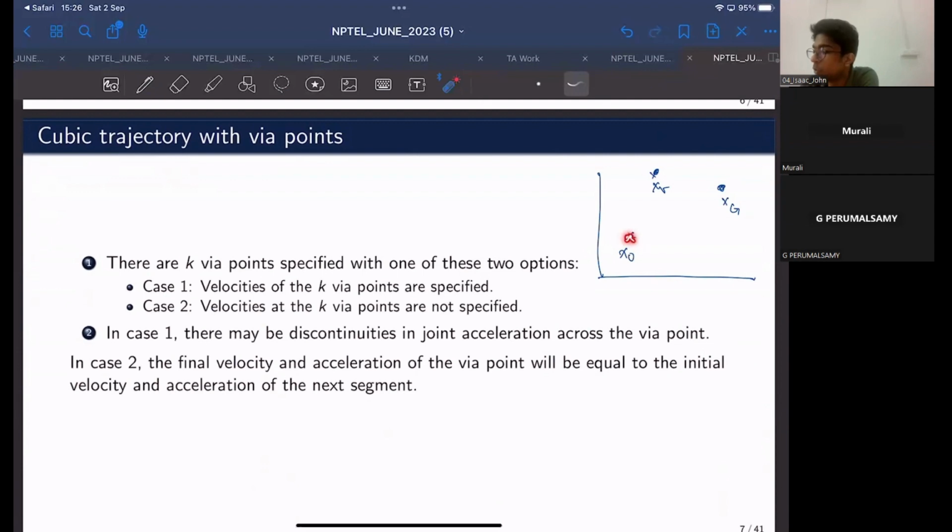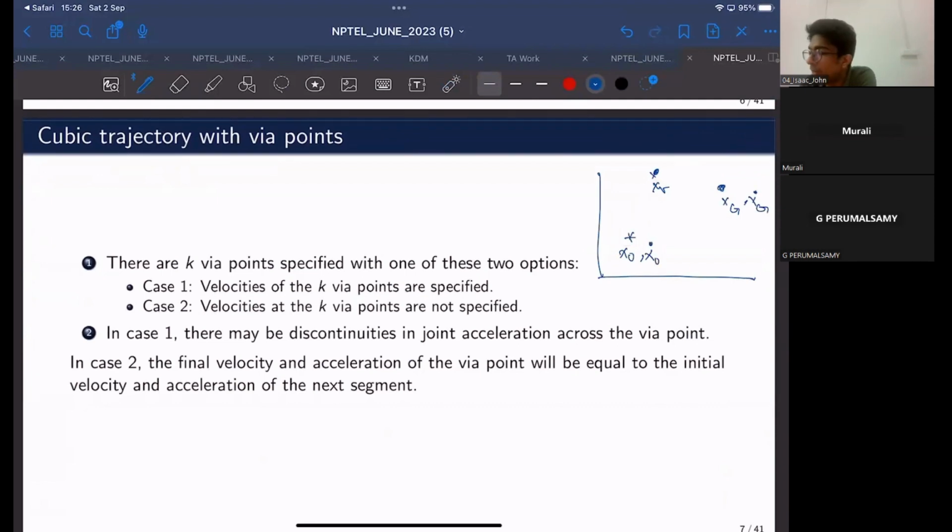From x0 to the via point, then from the via point to the goal point, you can plan a cubic trajectory. The initial position and its velocity x0 dot will always be specified, and the goal position and its velocity will also always be specified.